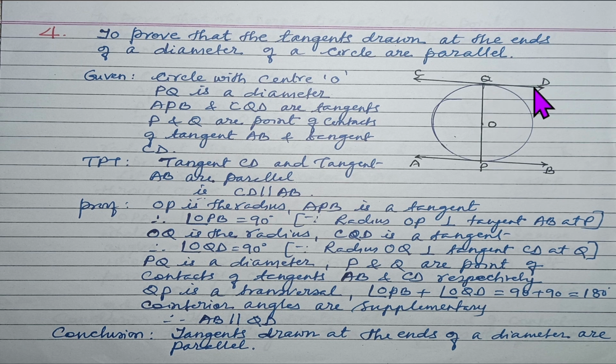That means angles QPB and PQD, that is 90 plus 90, form the co-interior angles, and PQ is the transversal there. Therefore when the co-interior angles are supplementary, the two lines CD and AB are parallel to each other. Therefore the tangents drawn at the ends of a diameter are parallel.